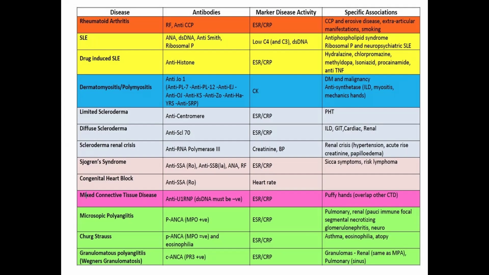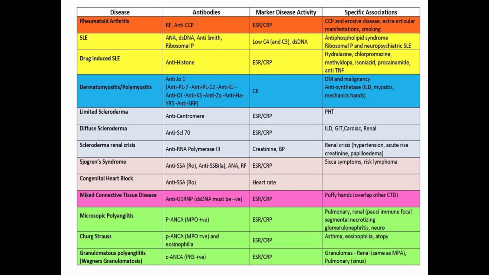Sjögren: anti-SSA, otherwise called Ro, and anti-SSB, sometimes called La. Congenital heart block is associated with anti-SSA, Ro. Mixed connective tissue disease, anti-U1-RNP.